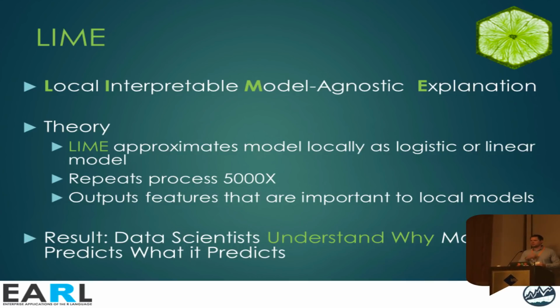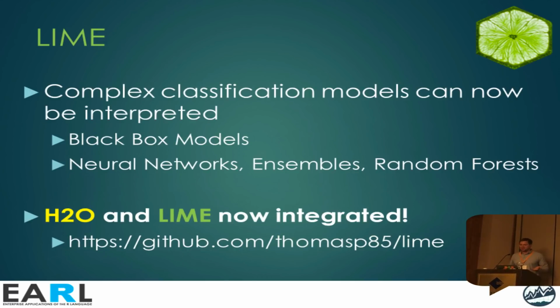Okay, and it does this over and over again. Typically, the default is 5,000 permutations, and what that means is that it outputs the features progressively that tend to be more important to these local models. Okay. So the result is that data scientists can actually understand why these models predict what they predict.